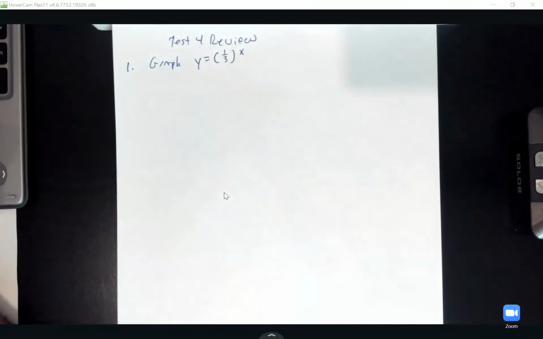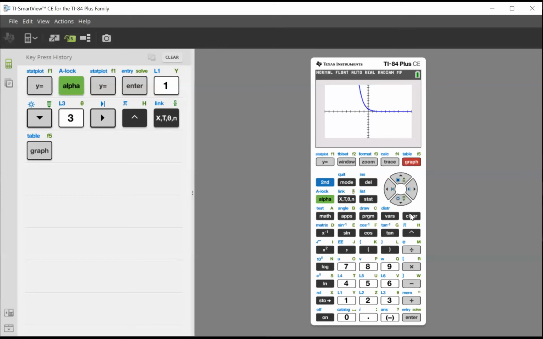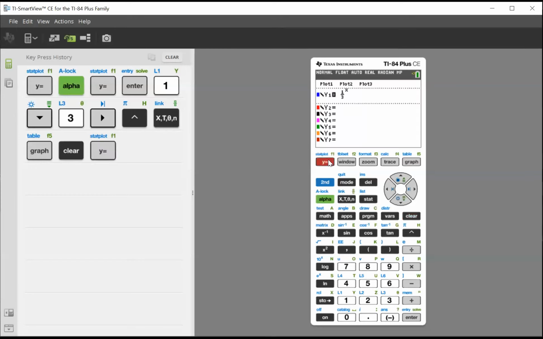So, like I said, I'm going to graph this one on my calculator. I'm going to clear that. So, put in your (1/3)^x. Now, you can use the alpha y equals, or you can just punch it in like a fraction using the parentheses.